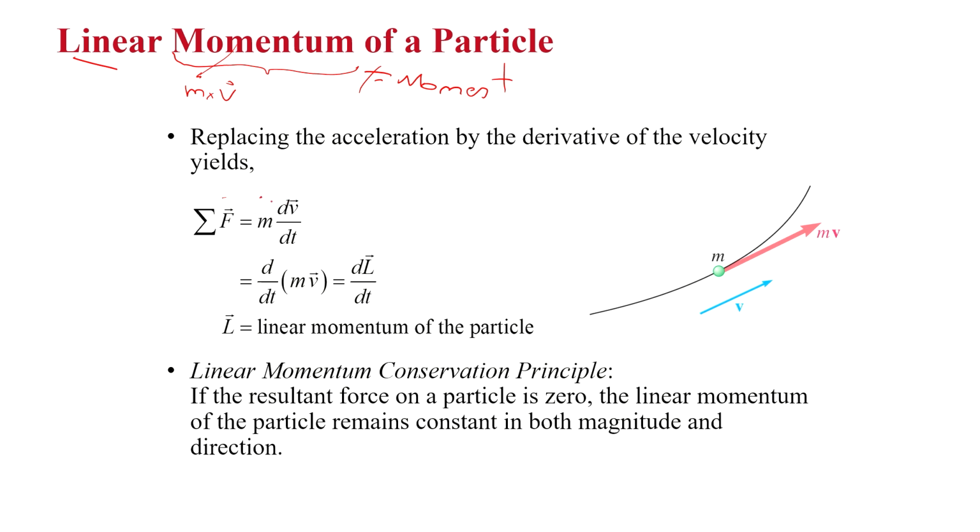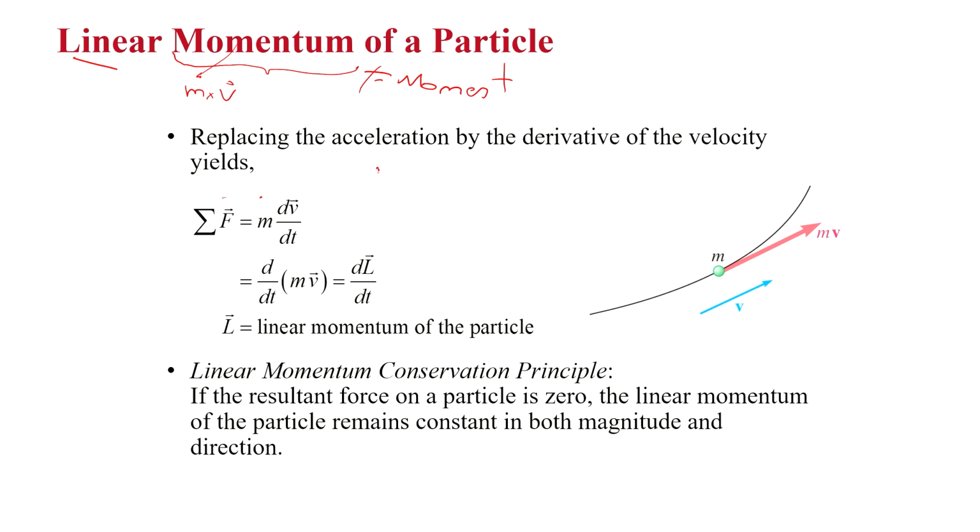If you have many particles, many systems, then each mass will have its own momentum. But at the end, the system will have a conservation of momentum, which you might see later if you go through engineering classes like fluids and solid mechanics, etc.